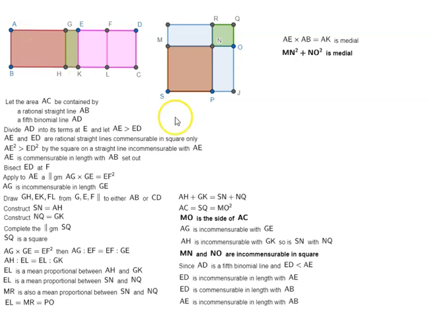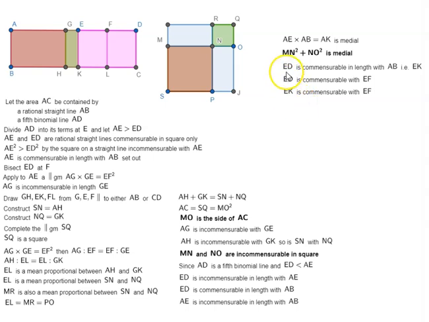because AK is equal to SN plus NQ. SN is MN square, NQ is NO square. So MN square plus NO square is medial. Now ED is commensurable in length with AB, that is EK, because AB and EK are equal. ED is commensurable with EF because F is the midpoint, so ED is a multiple of EF.